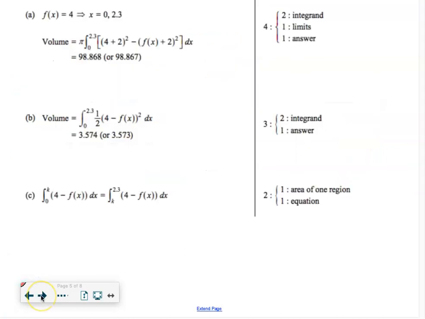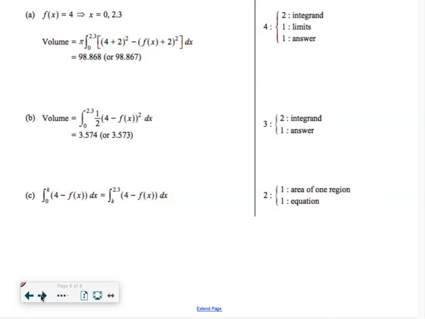All right. So for this first one, did you all figure out that we're going from 0 to 2.3? You can actually find the point of intersection on your calculator. This one actually was a really easy equation to solve by hand, so if you didn't find it on your calculator, you can solve by hand really fast. Either way, you get 2.3.